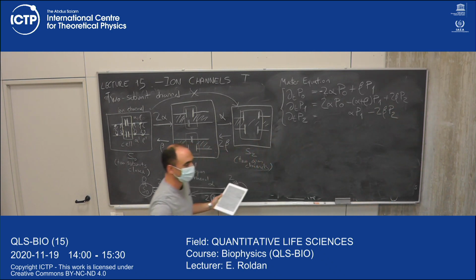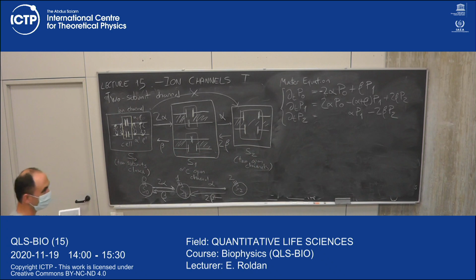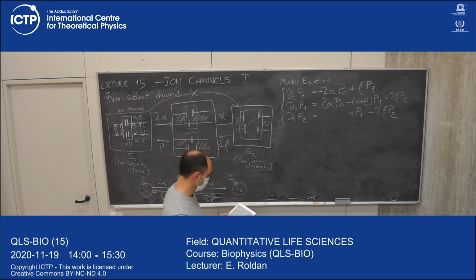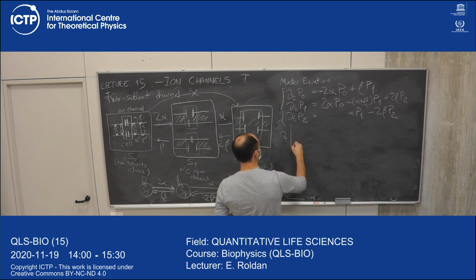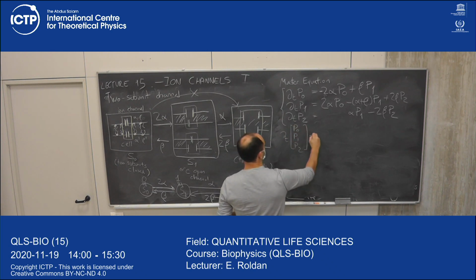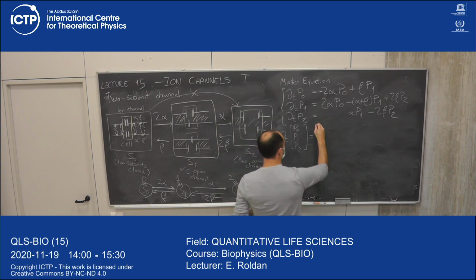Fine. This is it. So this is the master equation. It is more complicated because there are 3 states, 0, 1, and 2. So it shouldn't be so trivial to do. But, okay, if you want to write it as a matrix, it would be like this. I wrote it already very well organized.